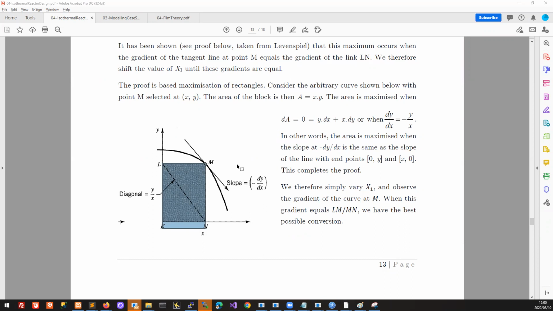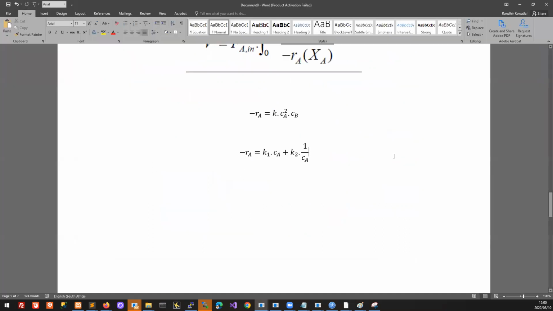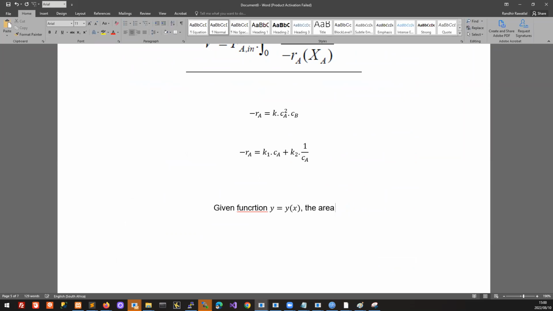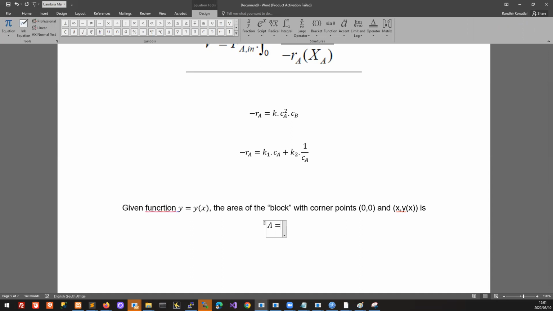maybe let's do it separately here. So the area, given a function y equals y of x, the area of the block with corner points 0, 0, and x comma y of x, is clearly just x times y.